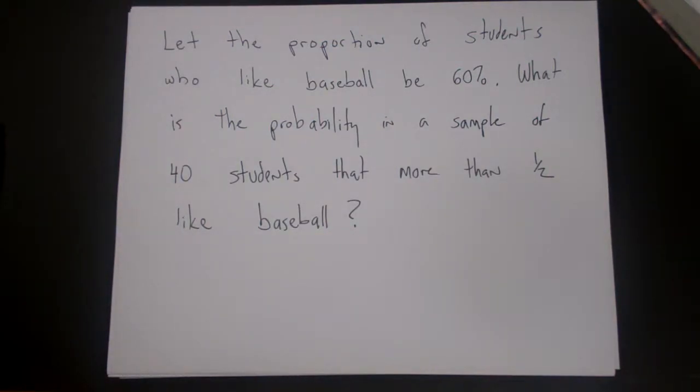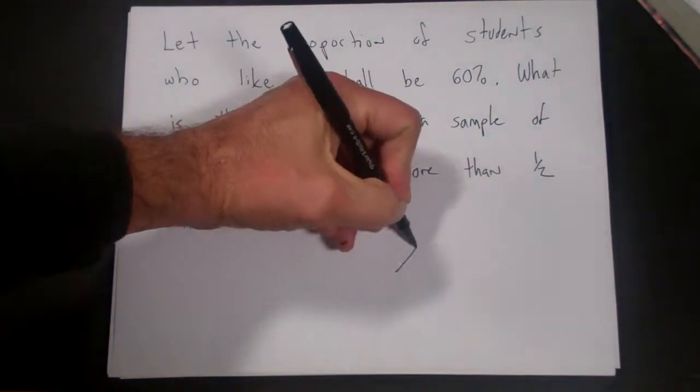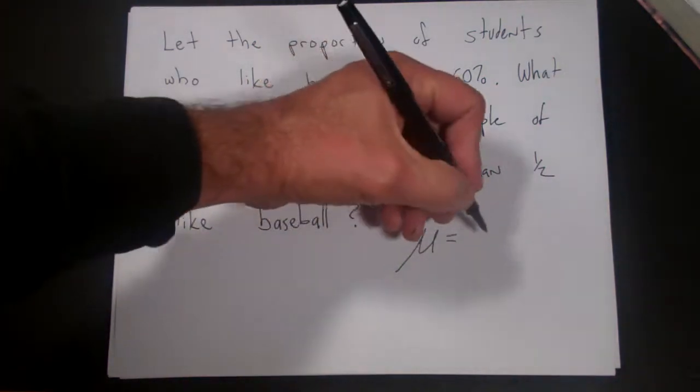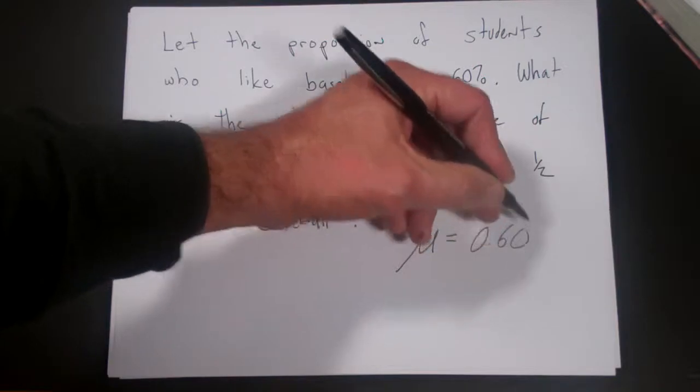First of all, let's make sure that we understand what's going on here. In this particular problem, we know the true population proportion, and that's 0.6.